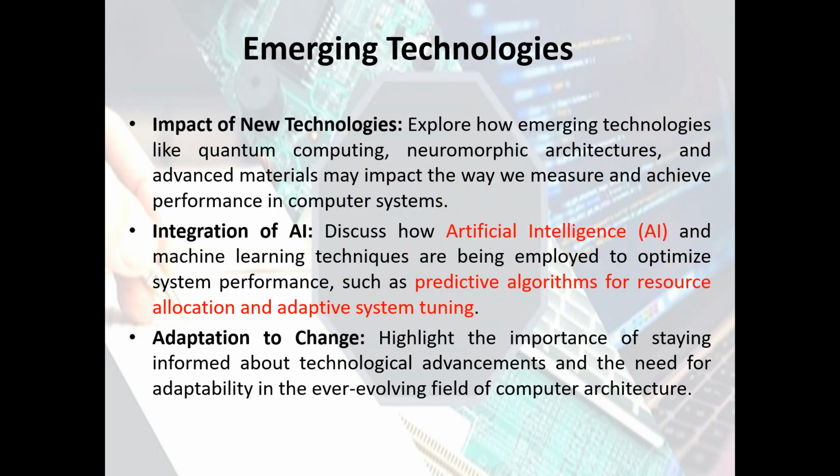As per the emerging technology, so there's an impact, of course, of the new technologies. So we could explore how emerging technologies like quantum computing, which refers to a revolutionary paradigm of computation that utilizes the principles of quantum mechanics to perform calculations. Unlike classical computers that use bits, zeros and ones, quantum computers use quantum bits or qubits.